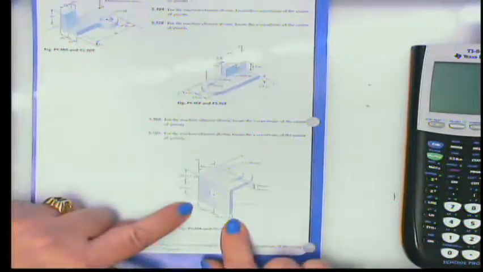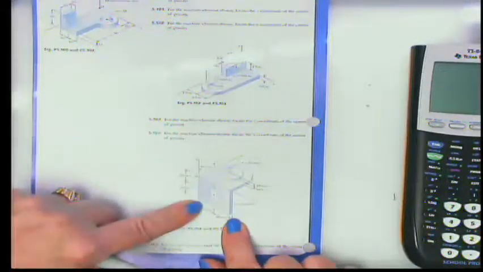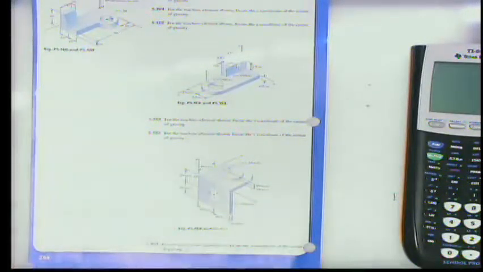And when we talk about 104, we're talking about the machine element shown. Locate the y coordinate of the center of gravity. All right. So in other words, we have a fully three-dimensional shape, but all that we're asking for is that y component. All right.